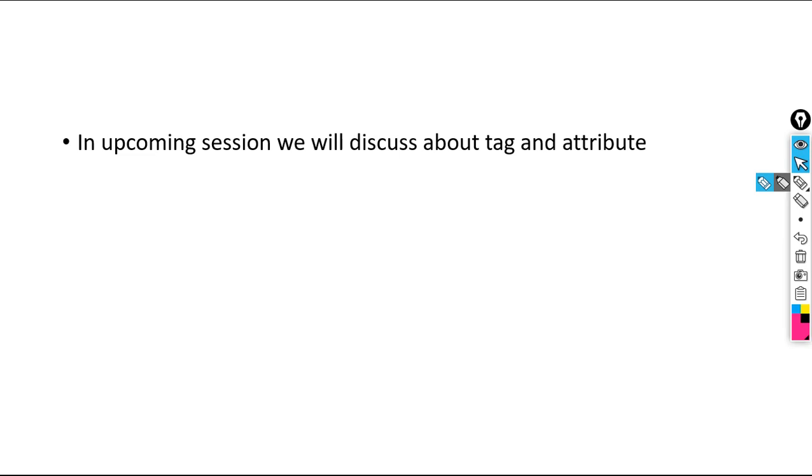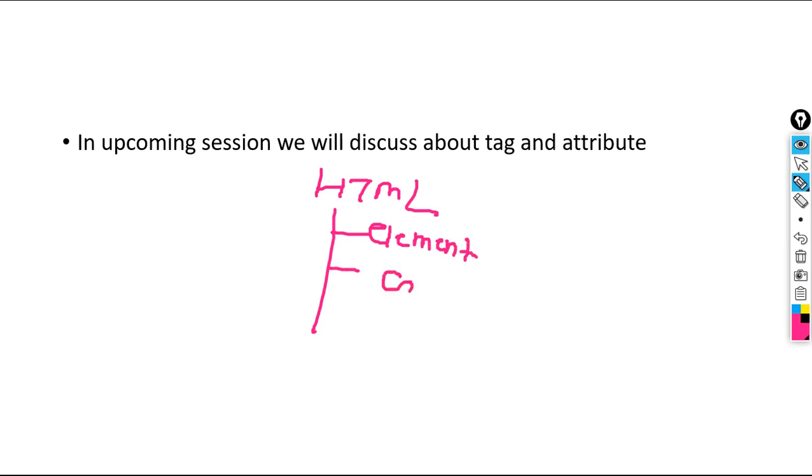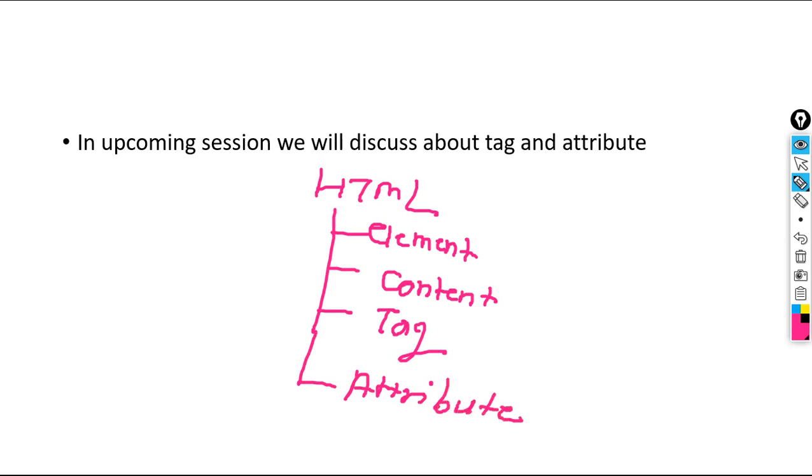In the beginning of this session I have already told you that HTML is having element, content, tag and attribute. Hope you remember. If not, then you can watch this video again.